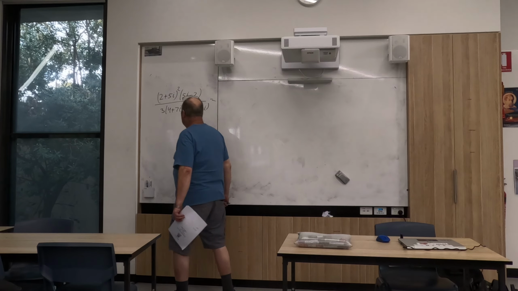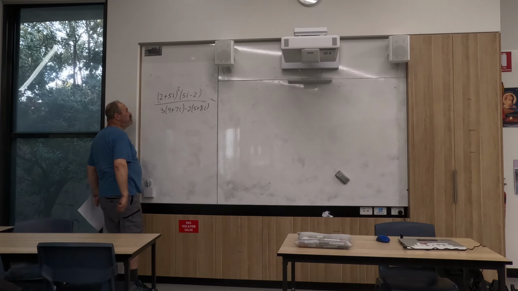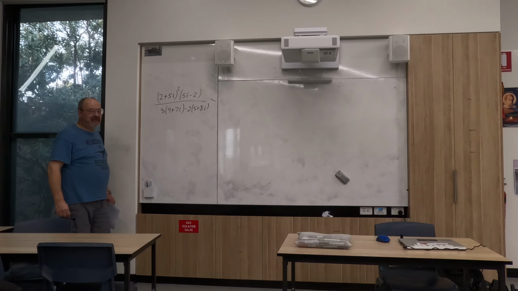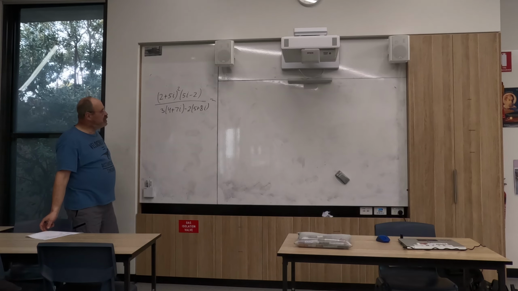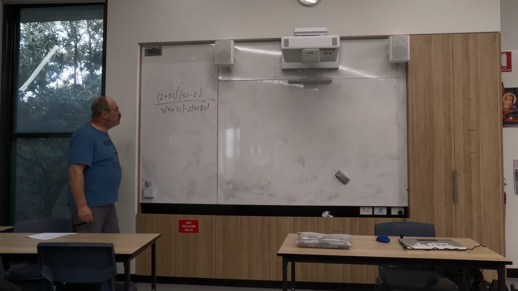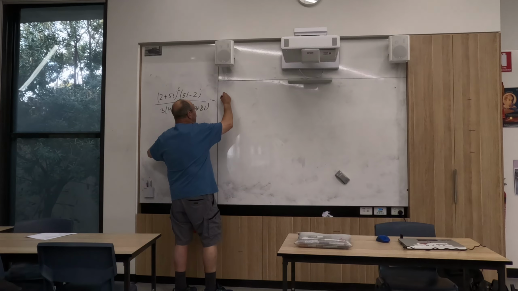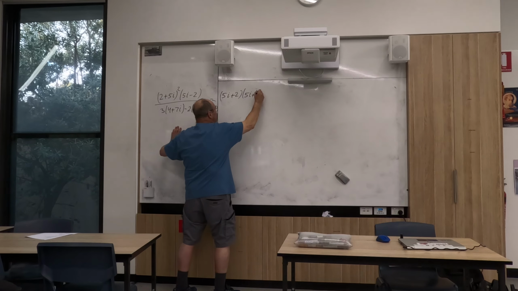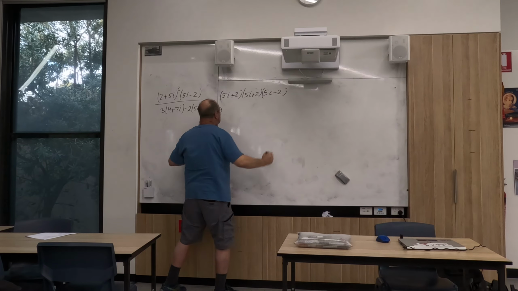By the way, should we square this and multiply by this, or can we do it in a smarter way? Can you see the difference of two squares? If we rewrite 2 plus 5i as 5i plus 2, we have (5i plus 2) times (5i plus 2) times (5i minus 2).